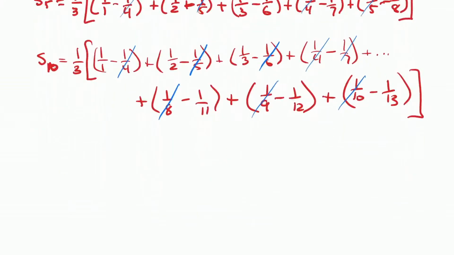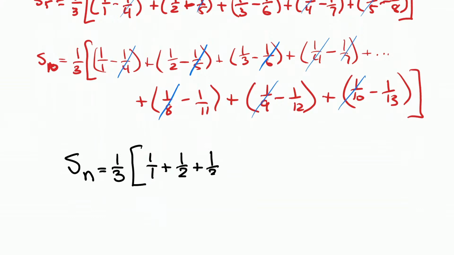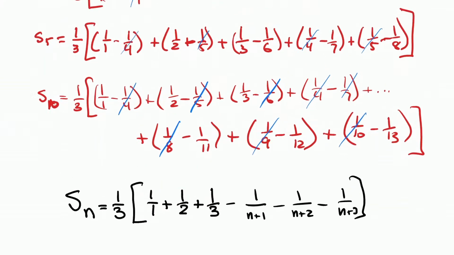Here I can write a formula: S sub n will always be 1/1 plus 1/2 plus 1/3, which never get canceled, and then at the end, minus 1/(n+1), minus 1/(n+2), minus 1/(n+3). Check it out: for S5 you have 1/8, 1/7, and 1/6, and for S10 we had 1/13, 1/12, and 1/11.